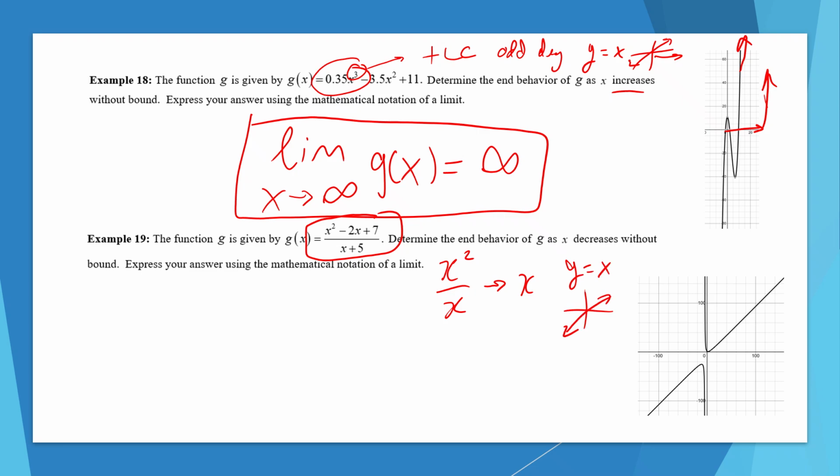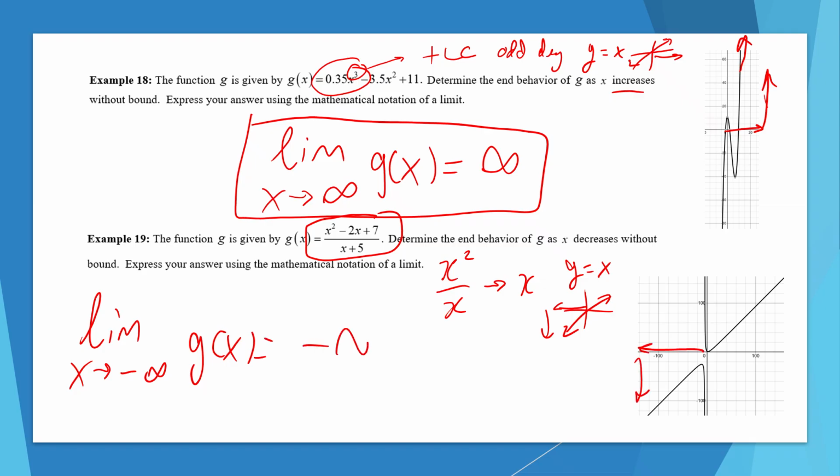So that's our end behavior, and we're looking for the end behavior specifically as x decreases, so as x goes to the left. So the limit as x approaches negative infinity of g of x equals, and then this is going down forever, so negative infinity there. And that will be our end behavior there.